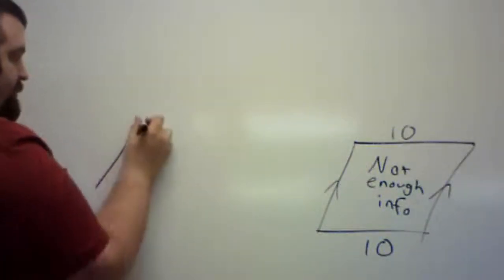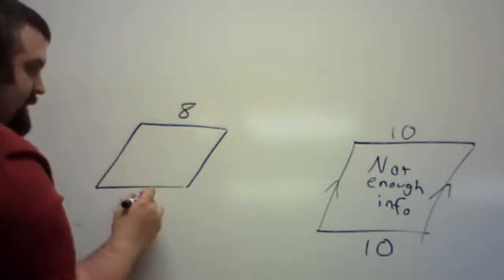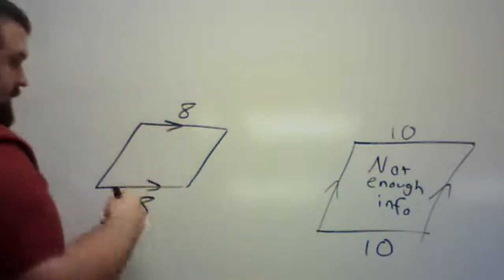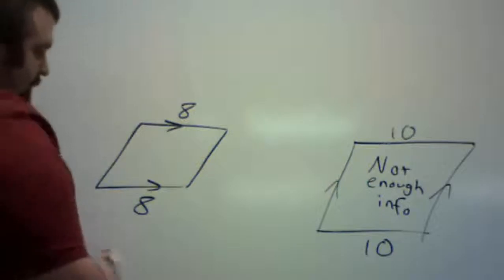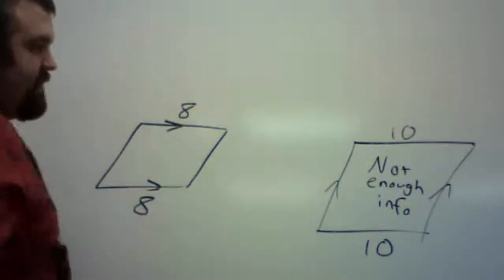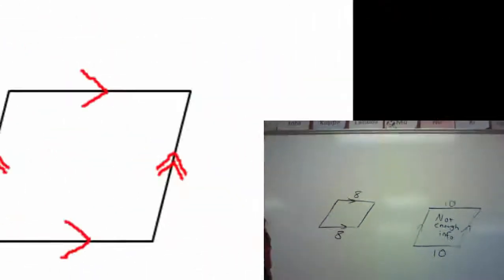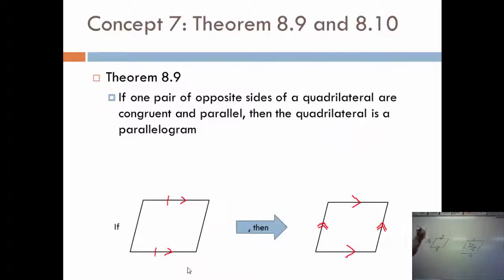So theorem 8.9 only works for one like this, where this set is congruent, and this set is parallel. This I could say, without a shadow of a doubt, parallelogram, theorem 8.9. This is still not enough information because they don't match up. Alright, so theorem 8.9, if I see this, one set of opposite sides being both parallel and congruent, then that shape is a parallelogram.